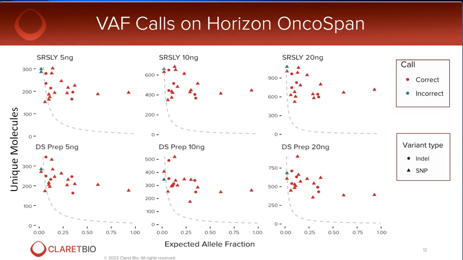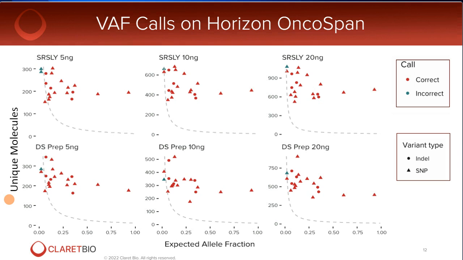And the expected allele fraction, and many of these are at lower allele fractions, which is what would be kind of common in a true cell-free DNA cancer situation, is on the x-axis here, with an allele fraction of 1 being basically homogeneous for the alt variant, and then the number of unique molecules counted at the position for the variant on the y-axis here.